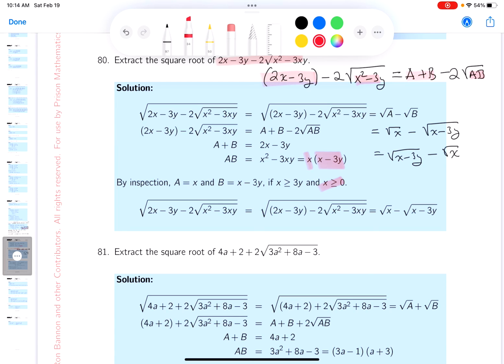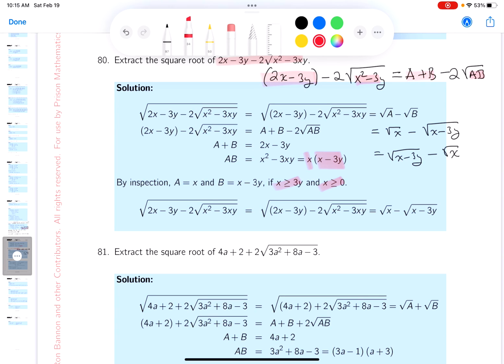And I'm also going to claim that x must be greater than 3y in both cases. Repeat that. x must be greater than or equal to 0 in both cases, and x must be greater than or equal to 3y in both cases. All right? So I'm going to say that both answers are acceptable because both answers produce something.